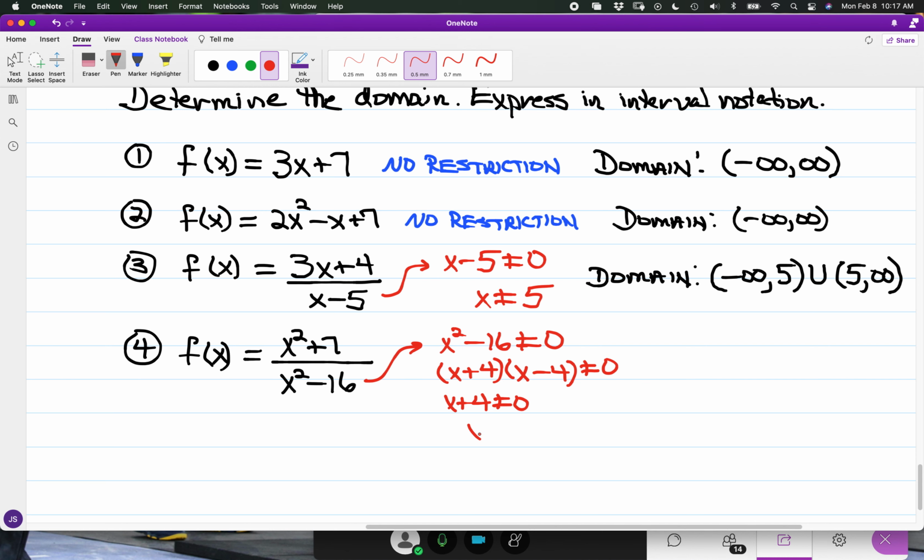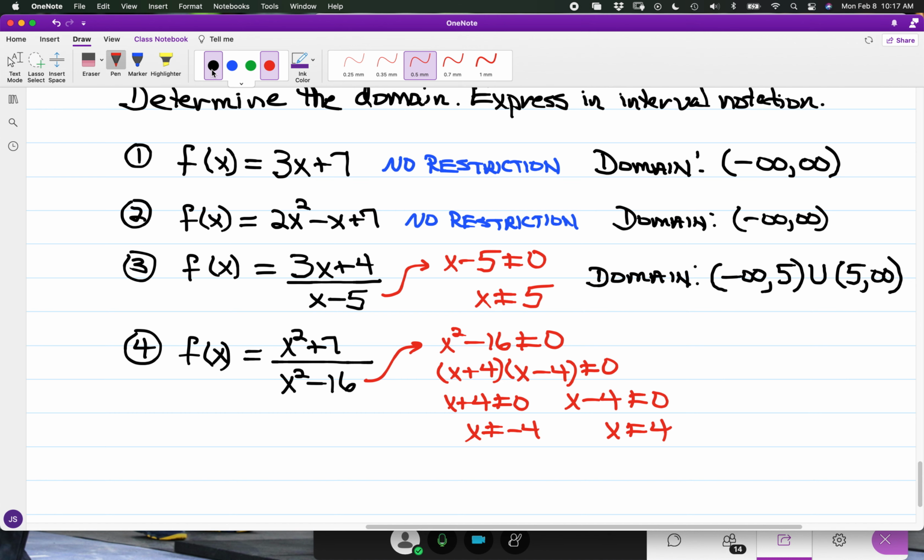If x plus 4 cannot equal 0, then x cannot be negative 4. And if x minus 4 cannot equal 0, then x cannot be equal to 4.